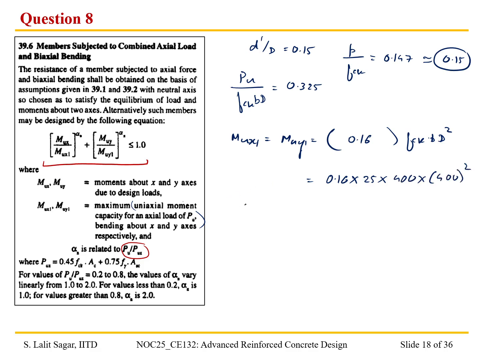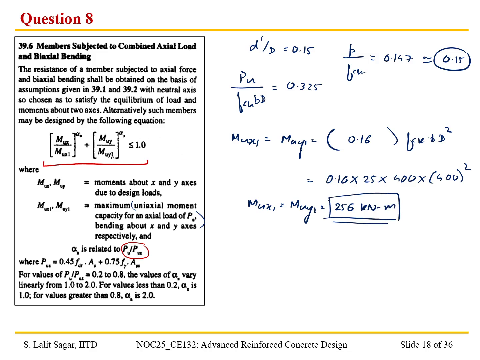Let me write down that value. Mux1 is equal to Muy1. What is that value? 0.16 into 25 into 400 cube. That is 256 kilonewton meter.